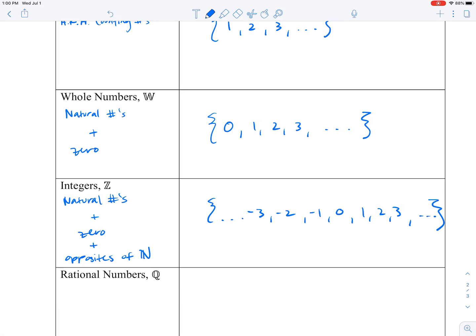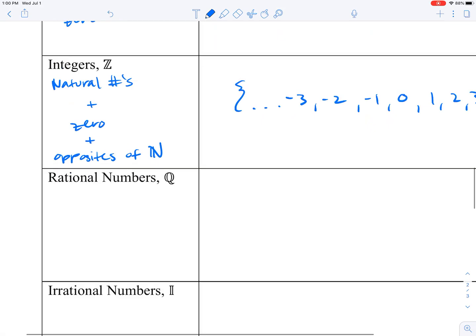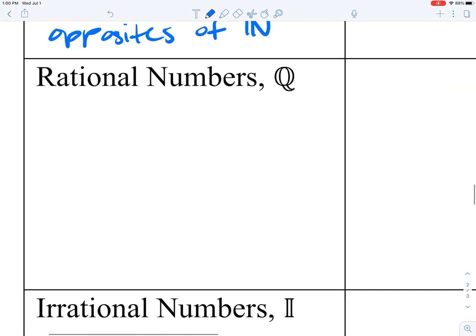So there are infinitely many integers. Since the whole numbers are also integers, the whole numbers are a subset of the integers, which also means that the natural numbers are a subset of the integers.